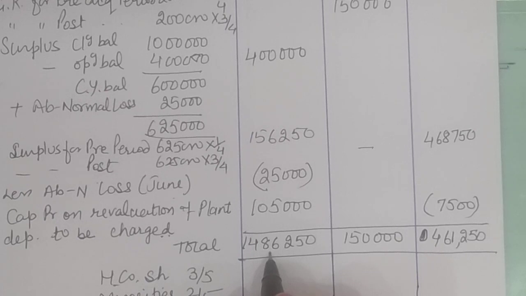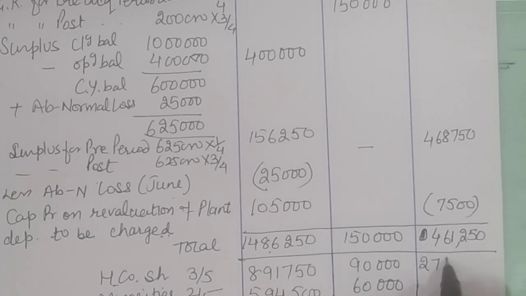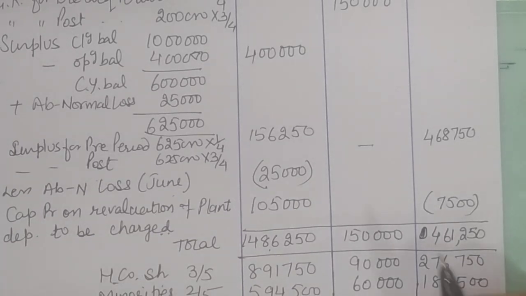So this amount is divided in 3:2 ratio for these two persons. 8,91,750 and 5,94,500. This is in 3:2 ratio, 90,000, 60,000, and this gives us 2,76,750 and 1,84,500. So that completes our statement.